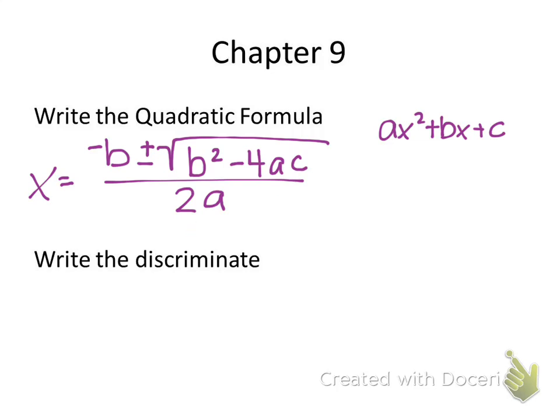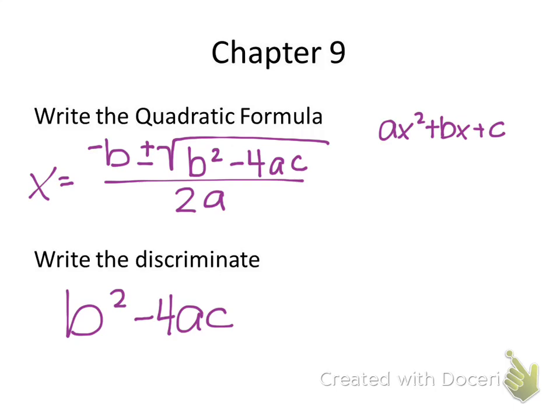A is in front of x squared, b is in front of x, c is the number by itself. The discriminant is just part of my quadratic formula, and it's underneath the radical sign. But the radical sign is not part of the discriminant. It is just b squared minus 4ac. Okay? You will have to write these on your final exam.